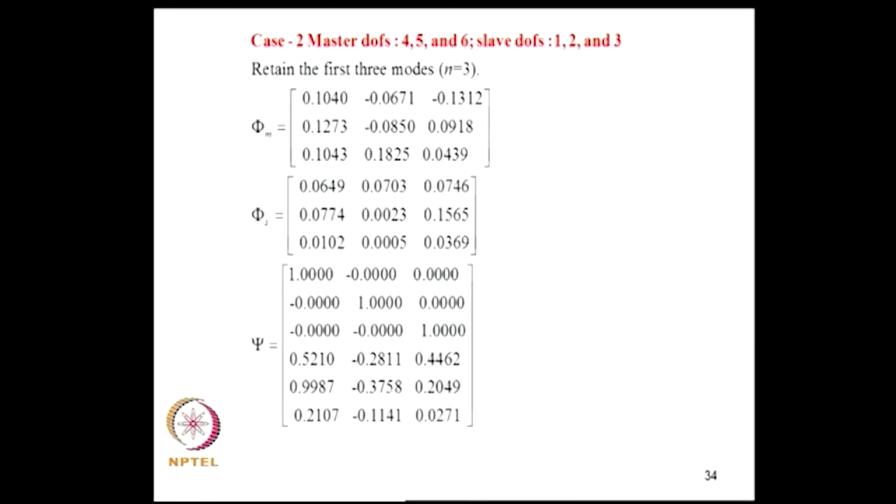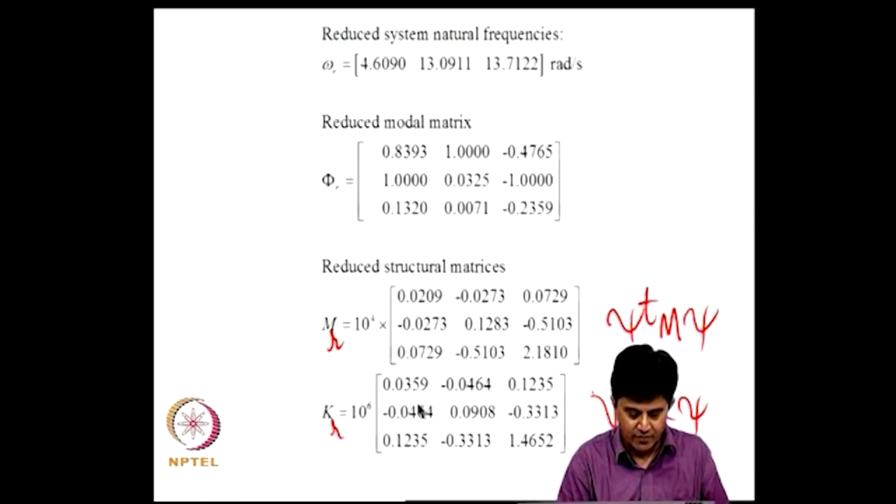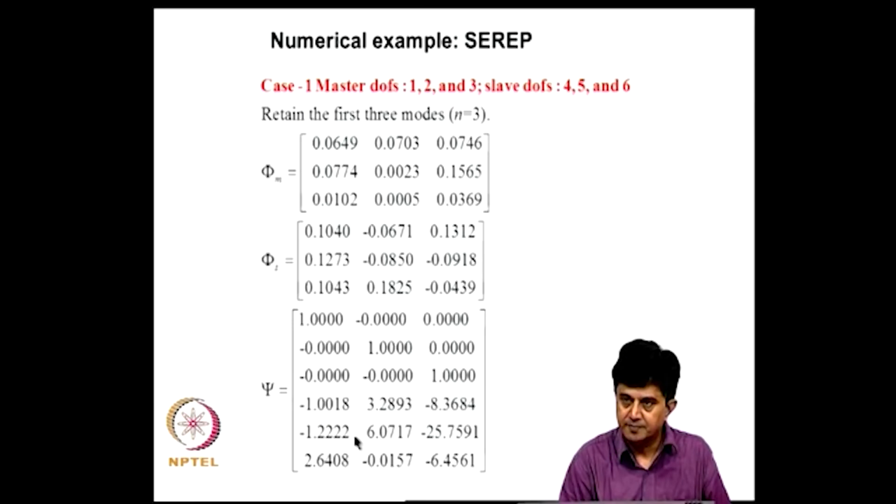Similarly, if I now declare 4, 5, 6 as master and 1, 2, 3 as slaves, there will be certain changes in the features of the reduced model, but the 3 natural frequencies will be identical again. So, this is phi m and phi s, and this transformation matrix is slightly different now.